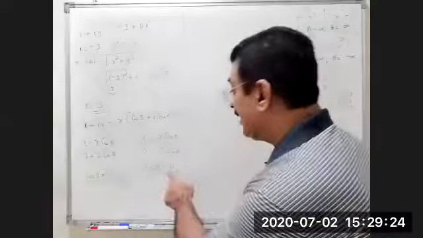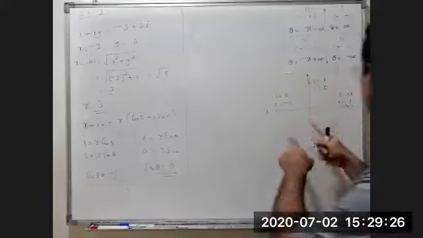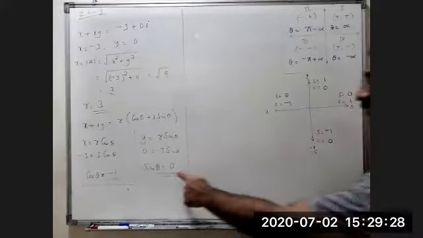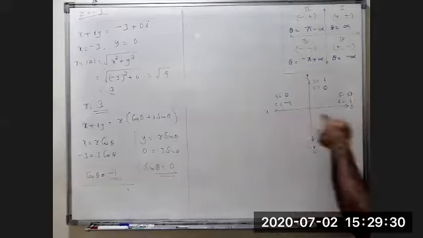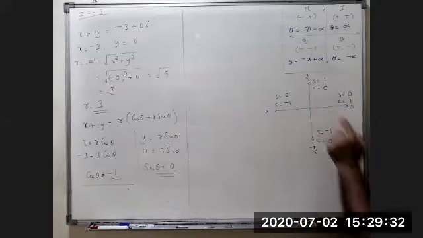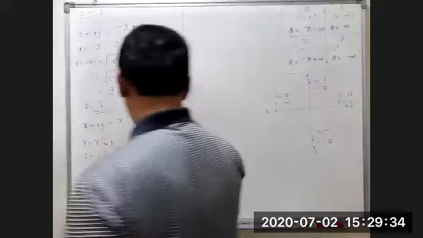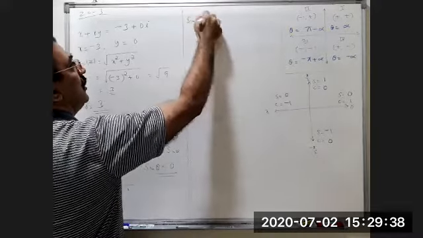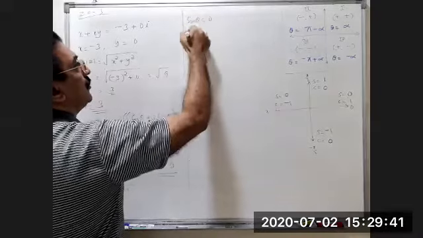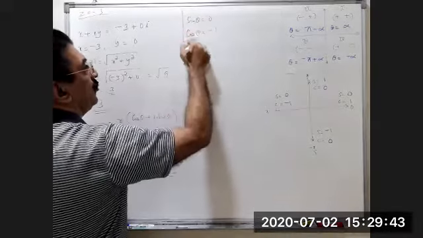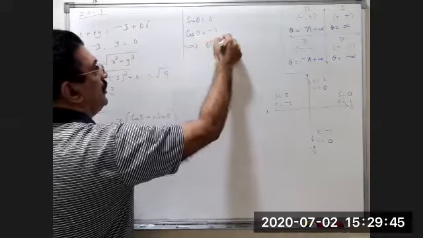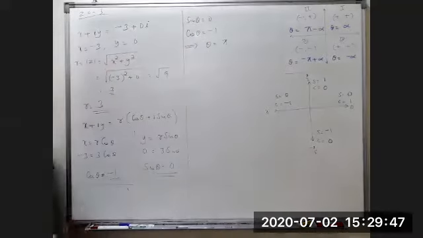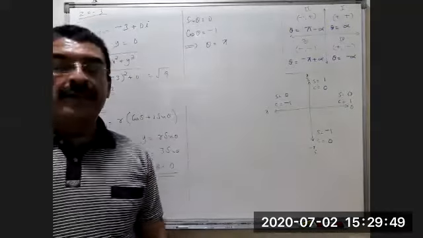Now sin theta is 0, cos theta is minus 1. Where is it? Sin theta 0 means we can make out the x-axis, and cos theta minus 1, so it is pi. So write sin theta 0, cos theta minus 1 implies theta is pi.